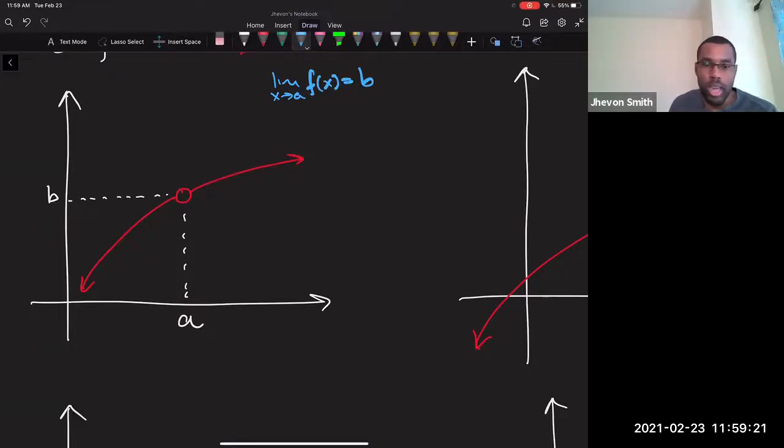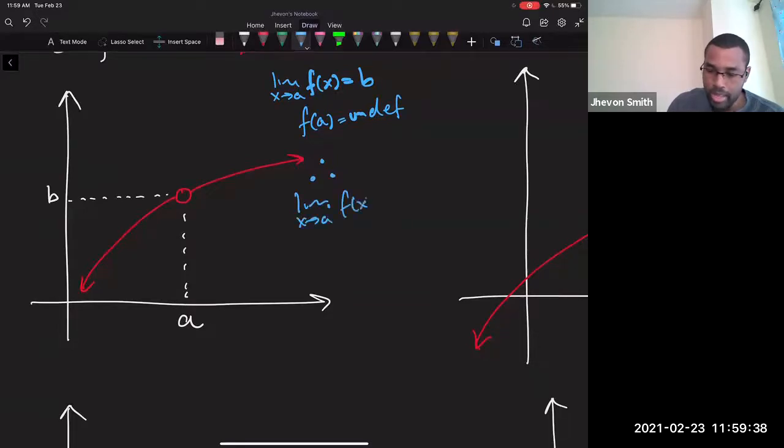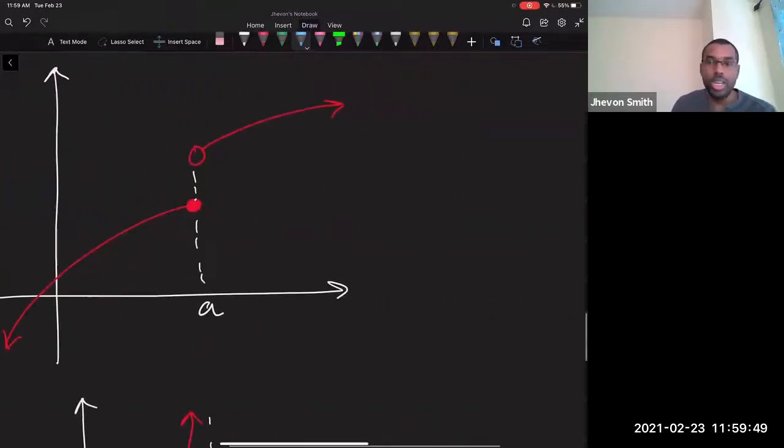As I get close to a from the left or the right, my y values will get close to the number b. However, f of a itself is undefined. Therefore, the limit as x approaches a of my f of x, well, it's not equal to what f of a is, because the right side isn't even a thing. It doesn't exist, right?